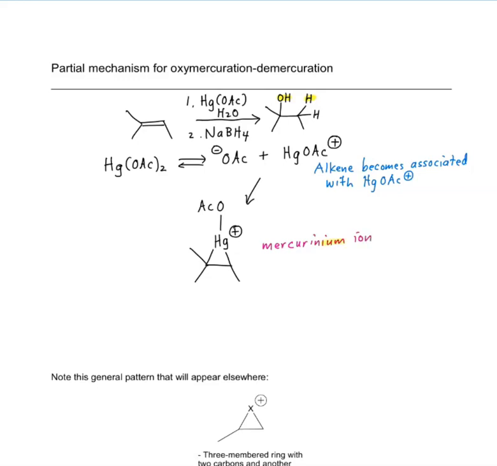Remember that when you see IUM, that typically is telling you that there's a positive charge associated with the structure it's describing. The mercurinium ion, just like the alkene, has a more substituted carbon and a less substituted carbon. So I've tracked those carbons from the alkene to the mercurinium ion that's formed.